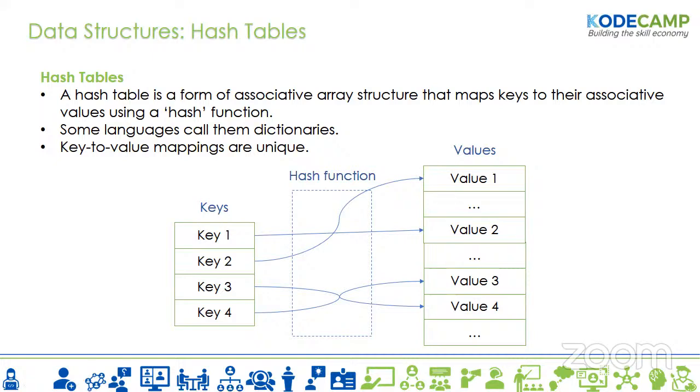So this is one of the functionalities that comes into play there. But this is basically just an explanation in basic terms of what a hash table is: a form of associative array that maps keys to their associated values using a hash function. That brings us to the end of the theoretical part of today.